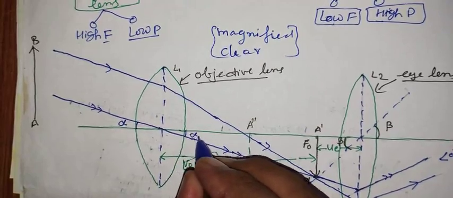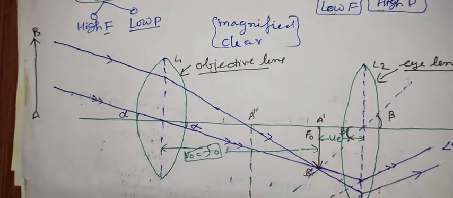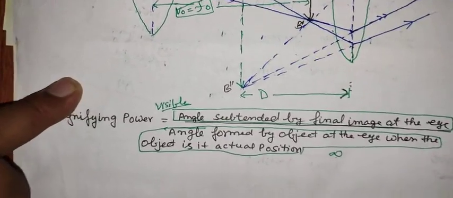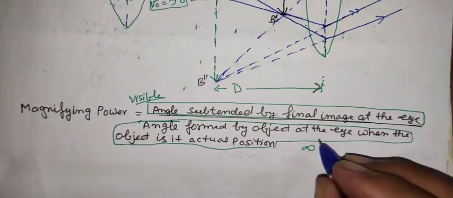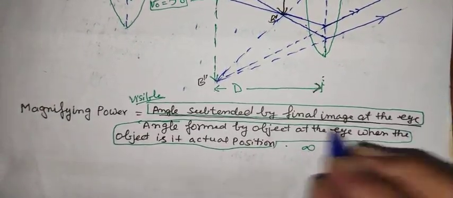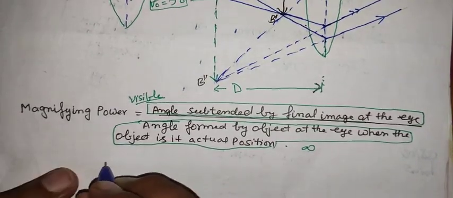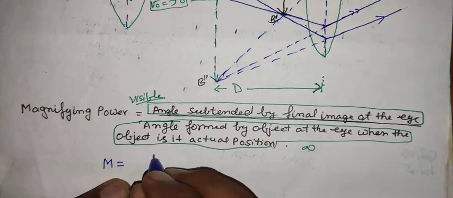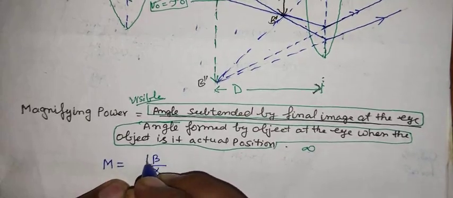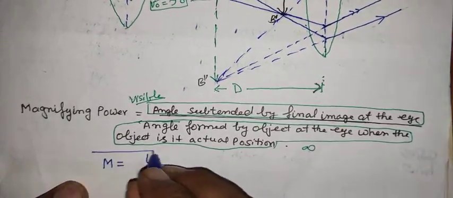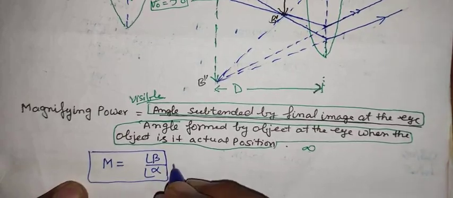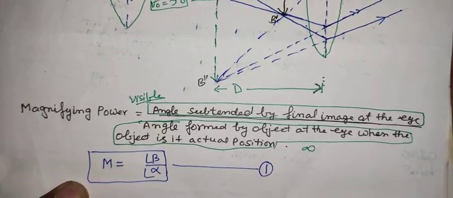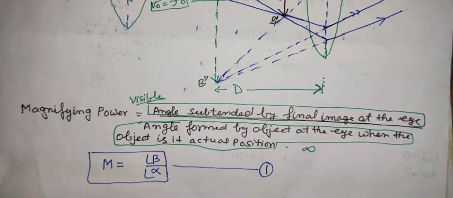The vertically opposite angle can also be considered as alpha. So in the formula, this is angle alpha, the upper is angle beta. So magnification M can be considered as angle beta by angle alpha. Let it be equation number 1.